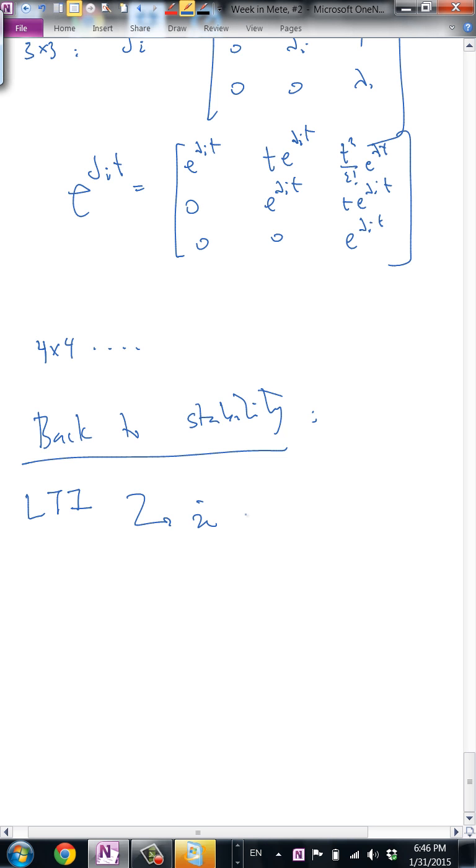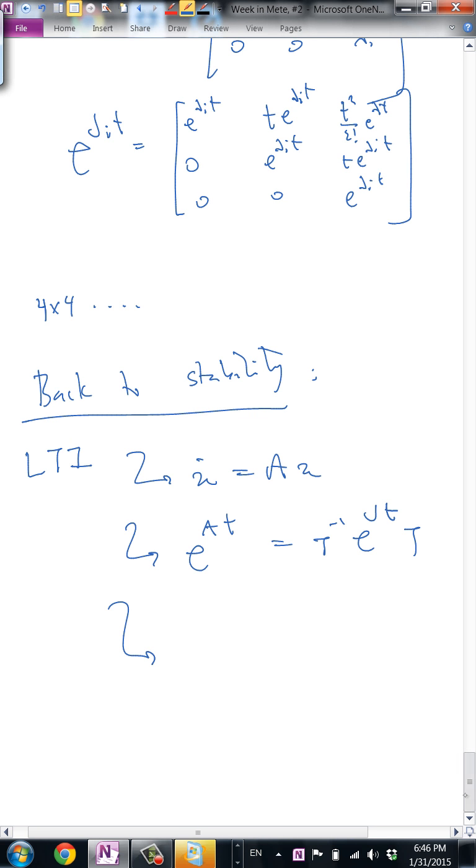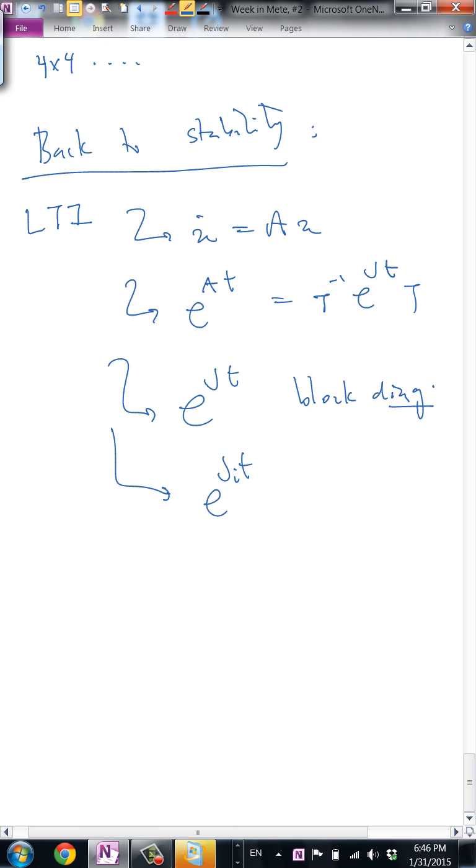We said we need to know, therefore, the stability of x dot equals Ax, which means we need to understand e to the At, but e to the At is equal to T inverse e to the Jt times T, and therefore we need to understand just e to the Jt. But e to the Jt itself is block diagonal, so this means that we really just need to understand e to the Jit. So we've simplified this problem considerably.